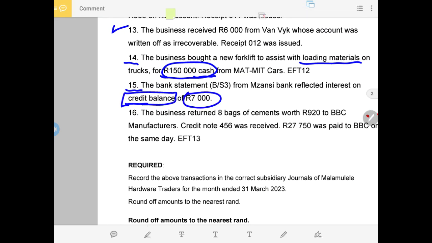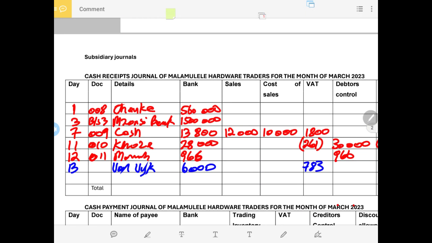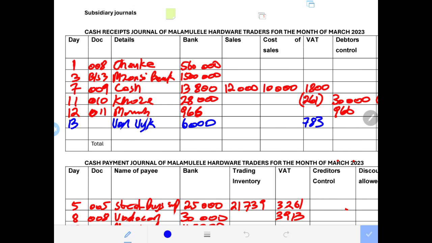So this will be cash received. We have received cash. This is on the 15th day in the cash receipt journal, receipt 012. There was bank statement number 3 where Mzansi Bank gave us interest.